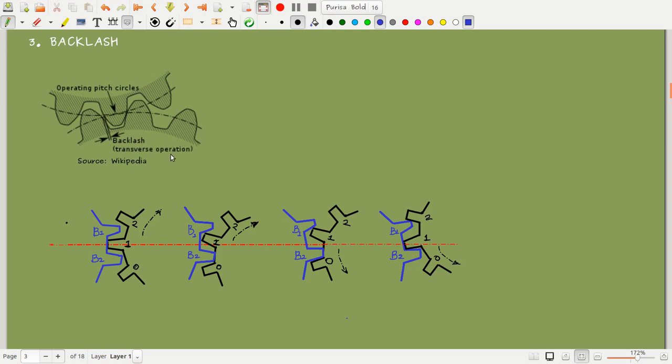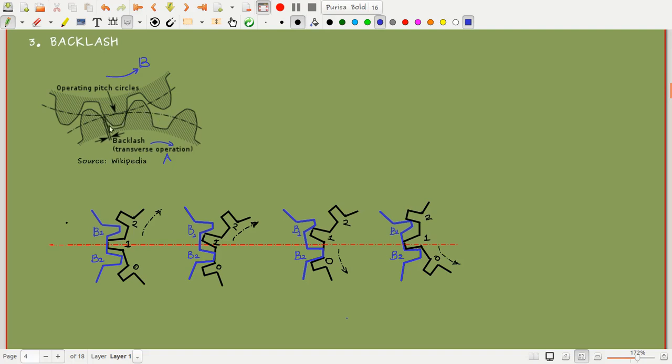I am driving this gear so that I can rotate the other one. This is B and this is A. When I drive gear A, B will be rotated. If I drive gear A in the clockwise direction, B will be rotated in the anti-clockwise direction.